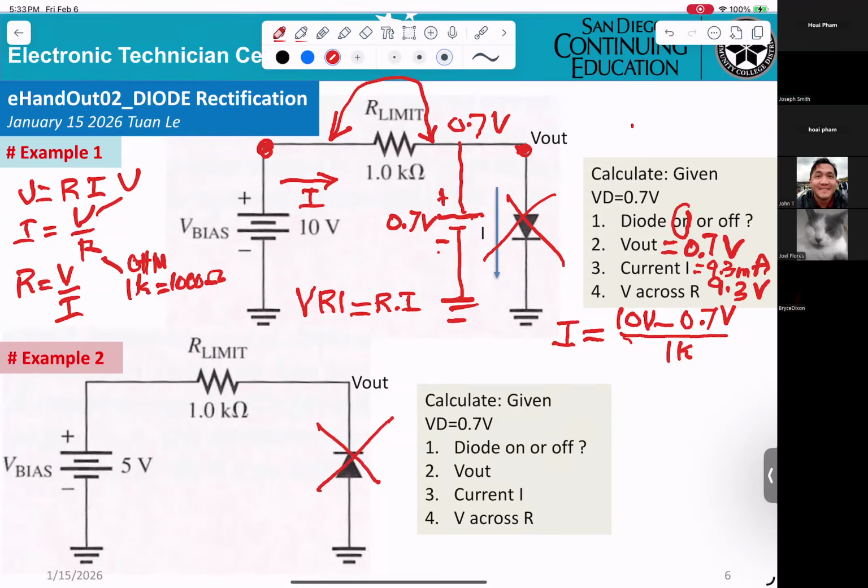What do we have? 0.7 volts? I said no diode there. If you don't have a diode here, no diode here, what do we have?